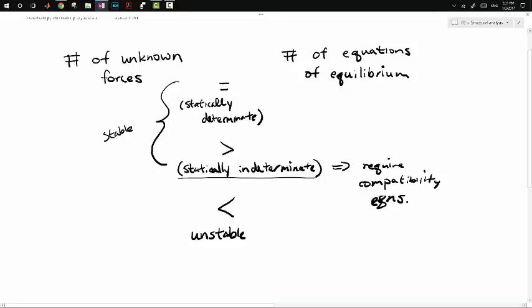The number of compatibility equations that you will need depends on the degree of indeterminacy.